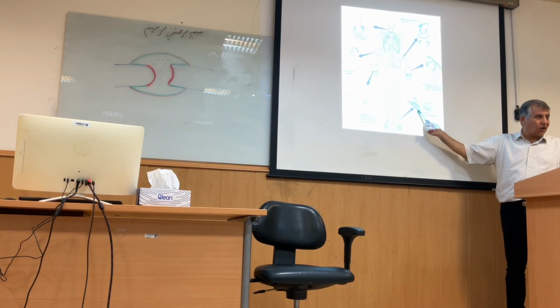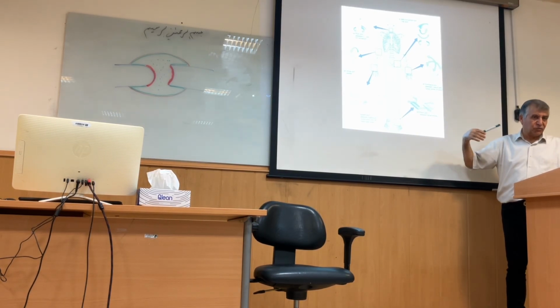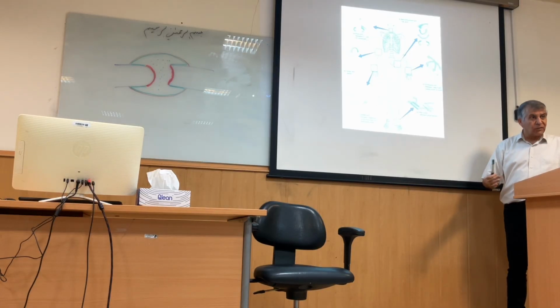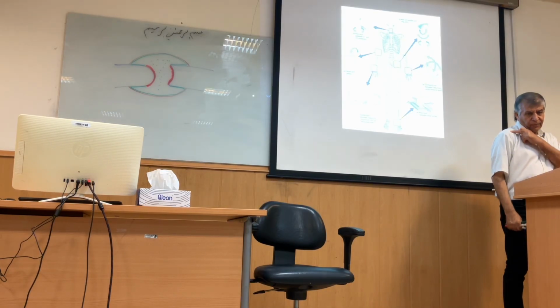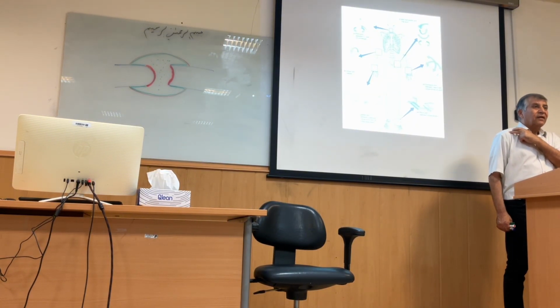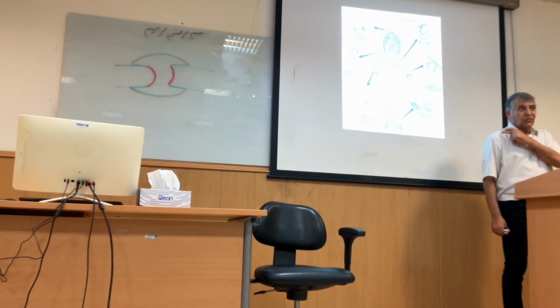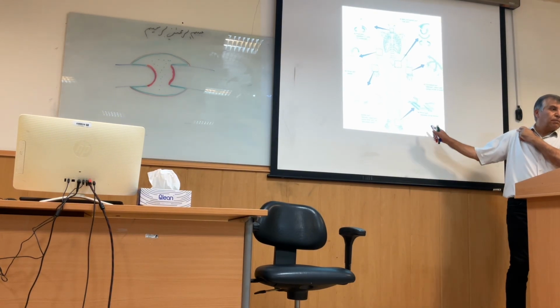This joint is called a plane joint. A synovial joint, sometimes plane joint. You can see the plane joint there. What is this here? Clavicle and acromion. This joint is called acromioclavicular. The type of this joint is plane.